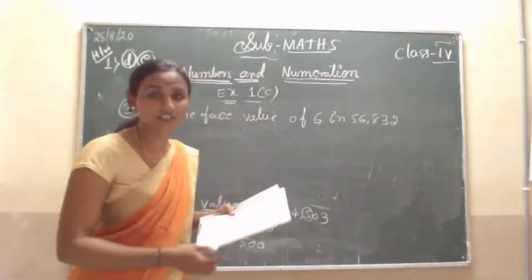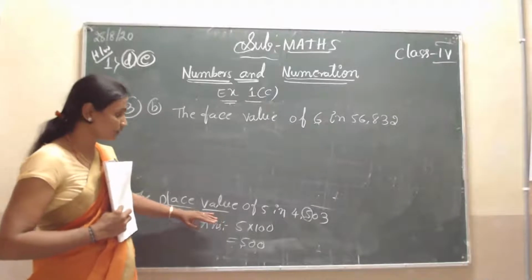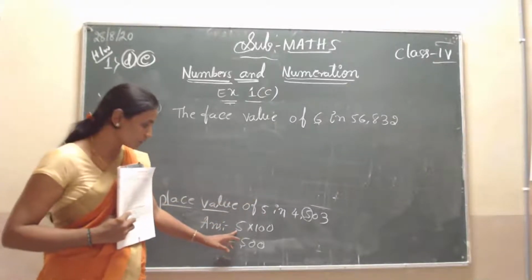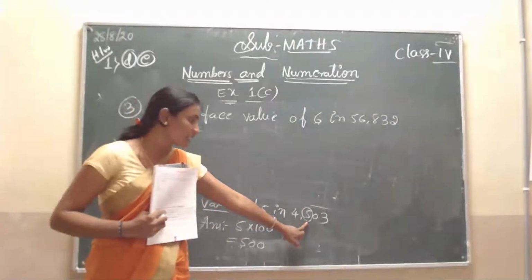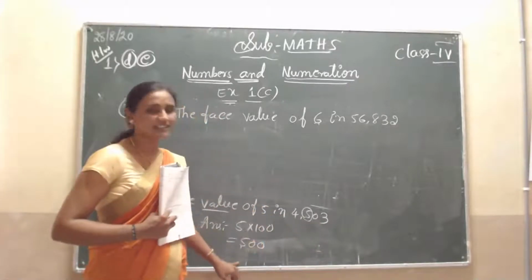Face means the actual value, while place value depends on position. Students, just observe the question. In A1 the question gave place value. Place value means you take the multiple depending on the position. The place of the 5 is hundreds: ones, tens, hundreds. So 5 into 100 is 500.